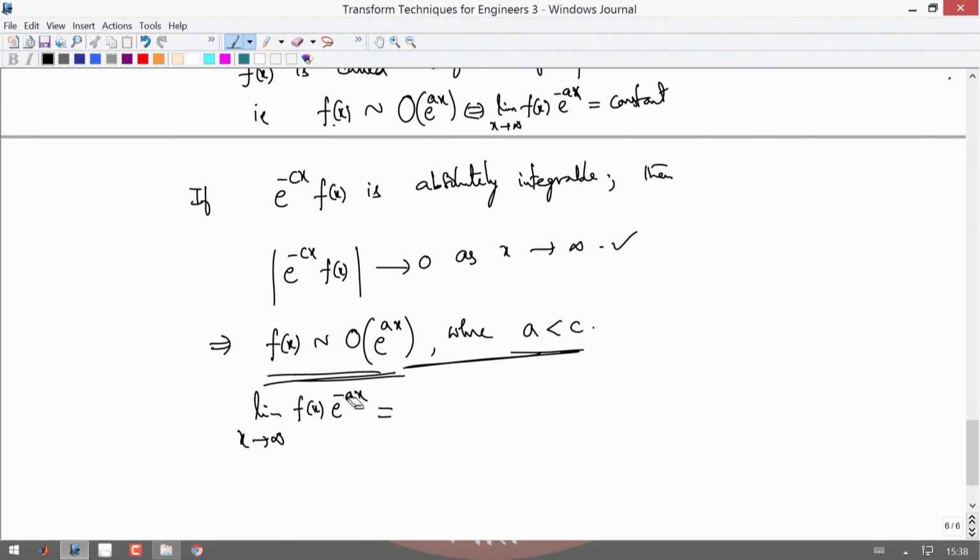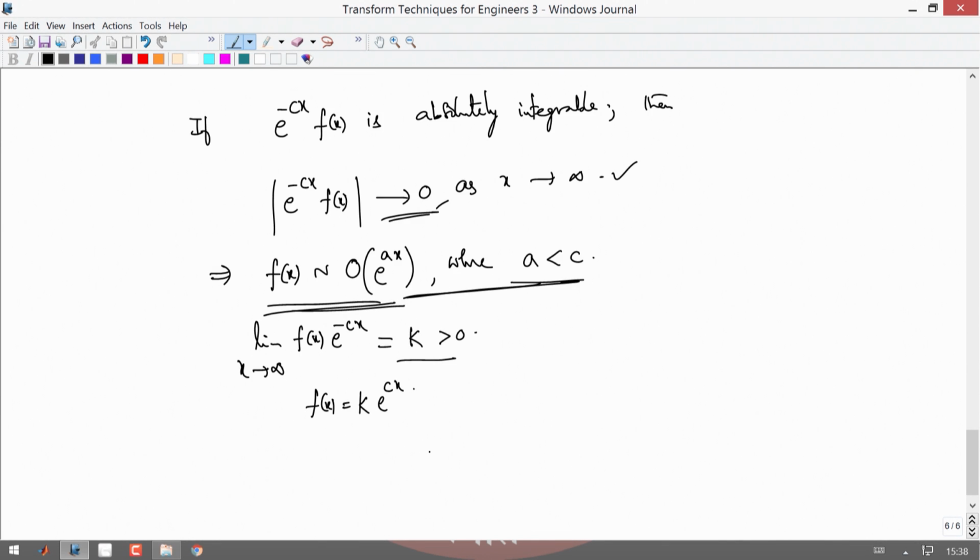If a equal to c, then this has to be a non-zero constant, but that is not the case, it is going to 0. So, if f of x is some constant times e power cx, and a is less than c, then the limit of f of x into e power minus ax as x goes to infinity is equal to k, which is positive.